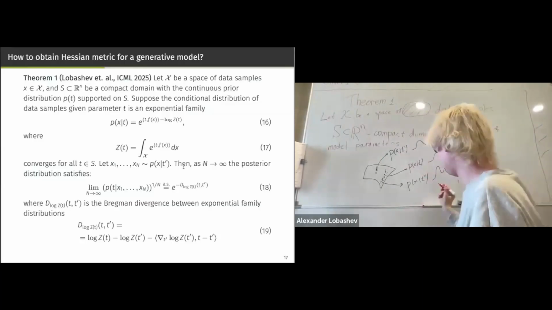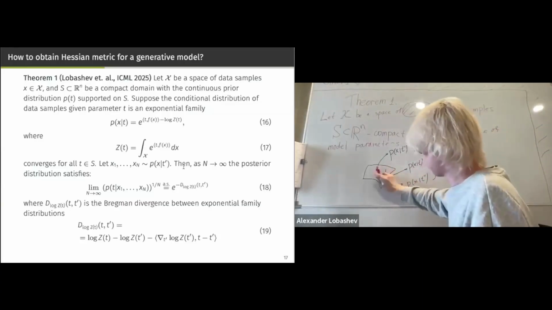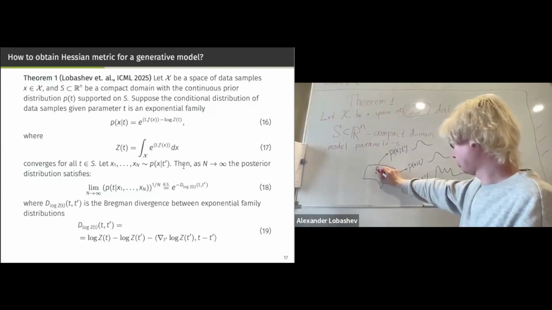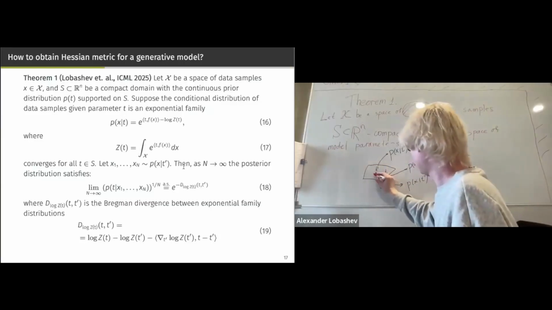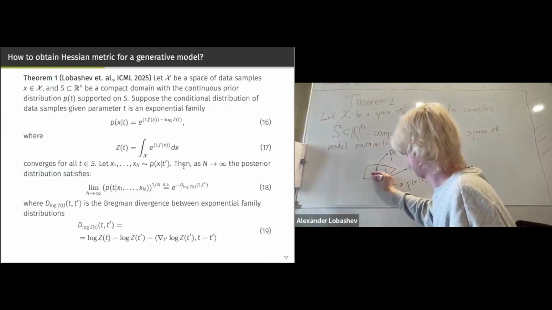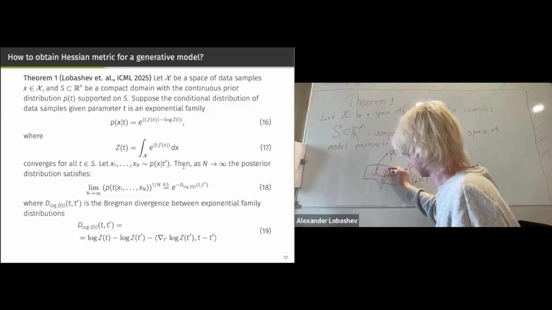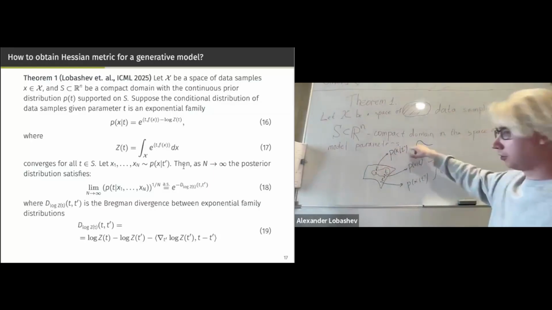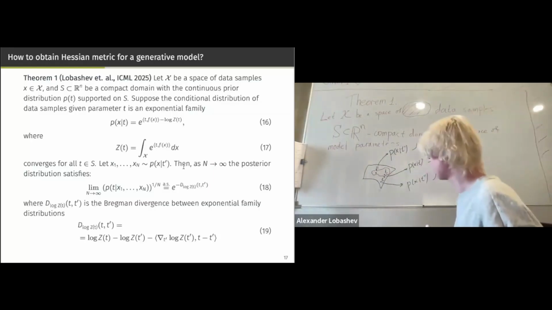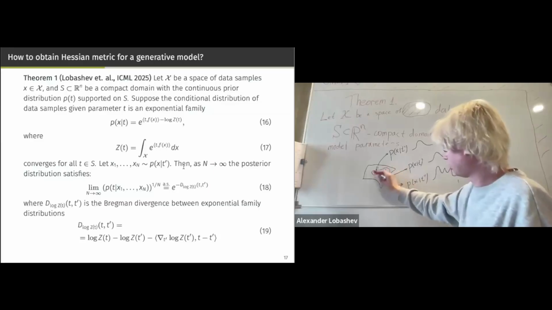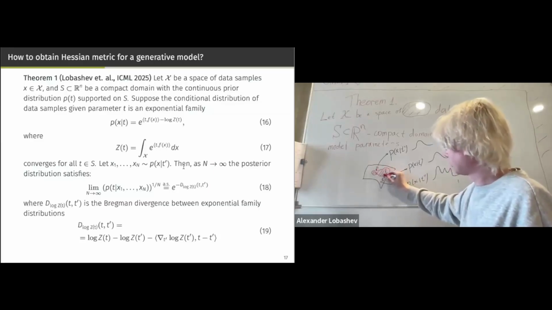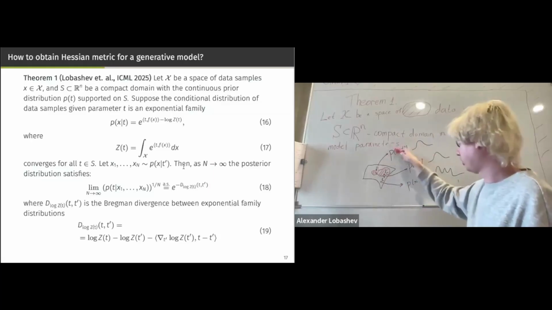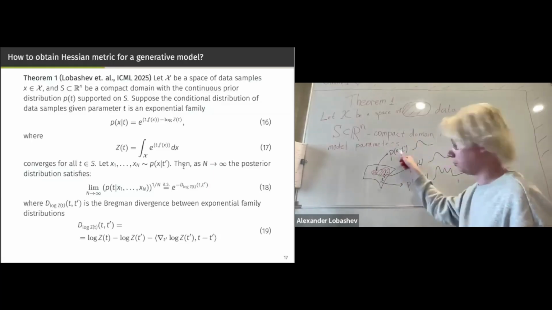And what the theorem says is that if we generate images from some ground truth parameter t, our posterior distribution on the space of parameters will be concentrated around those parameters which give rise to indistinguishable distributions. So here, in every point of these red regions, we will have almost the same distribution of images.